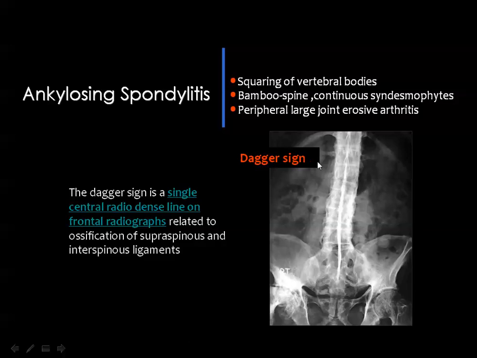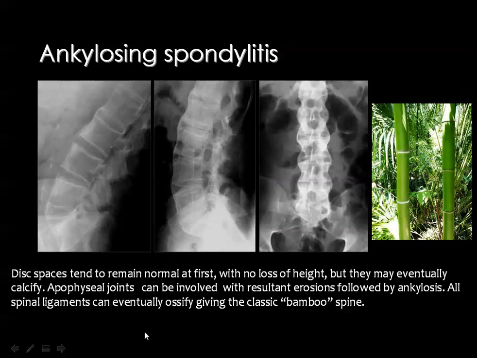The dagger sign means that there is a longitudinal midline calcification along the interspinous and the supraspinous ligaments. Also, you can see the degree of loss of the sacroiliac joint spaces, and also affection of the hip joints, which is more severe on the right side.